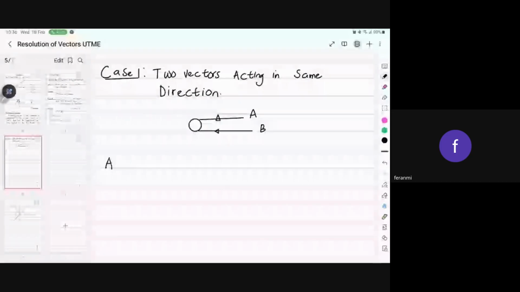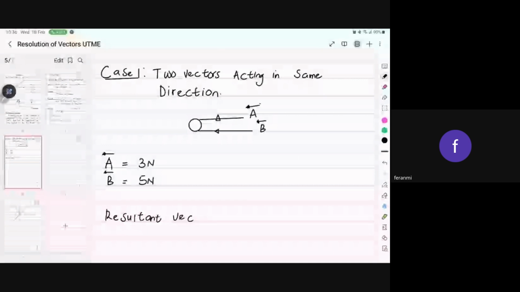Let's say that our vector A is equal to 3 Newton. Vector B, let's say it is equal to 5.